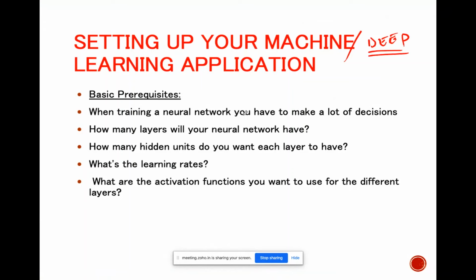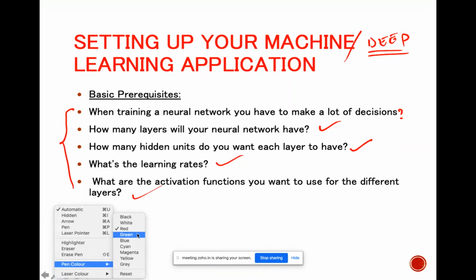When you're training a neural network, you may need to take lots of decisions. How many layers in a neural network? How many hidden layers? What is your learning rate? What are the activation functions? These are the foremost, and I could say this is a very important phase of designing any neural network application.